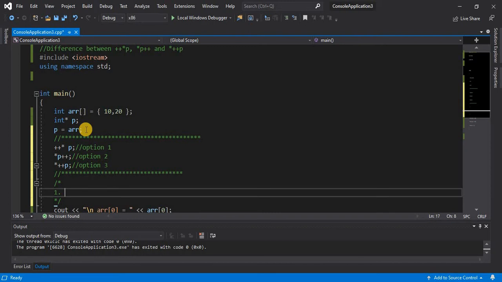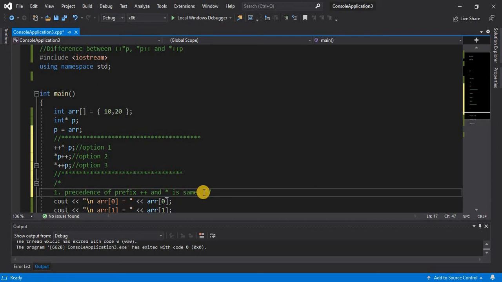So the rule number one is the precedence of prefix plus plus and star is the same.